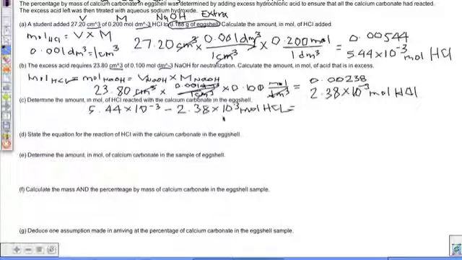Now this is easy for us. Even though it's in scientific notation, we don't need to worry so much about what power they're to. If they're to the same power, we're just going to be doing this normal subtraction. 5.44 minus 2.38. You shouldn't even need a calculator for it. It's 3.06 times 10 to the negative 3. We didn't use it in our calculation, but it's still there.